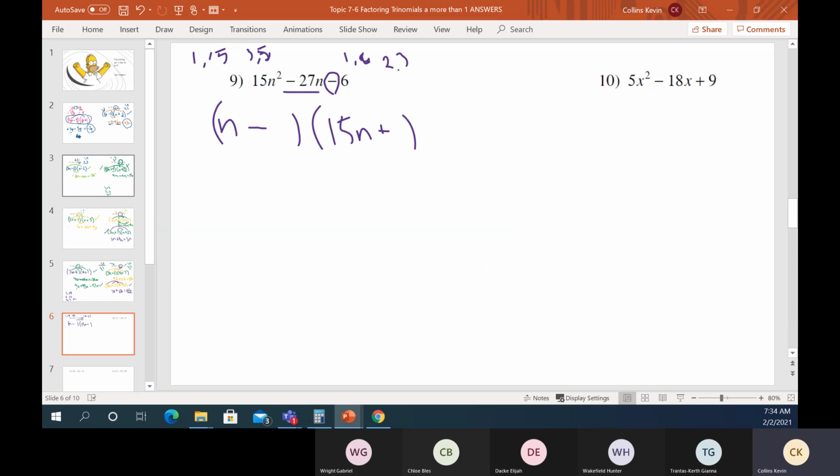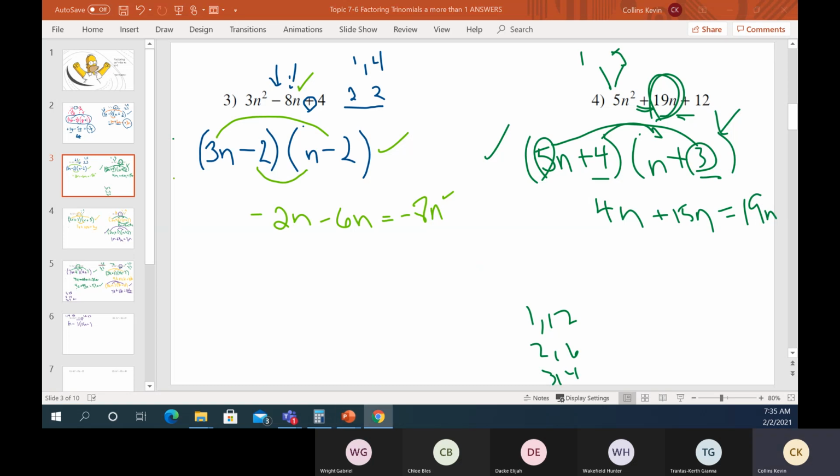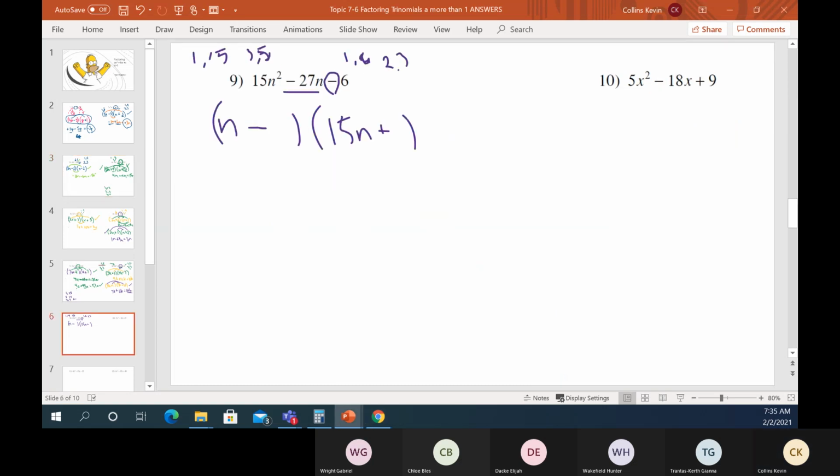Okay, so we want to switch them? All right. You think we should try the 6 and the 1? Okay, which one should go first? What should go in the first set? Should that be a 6 or a 1?